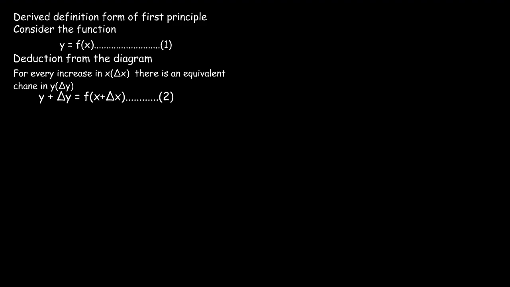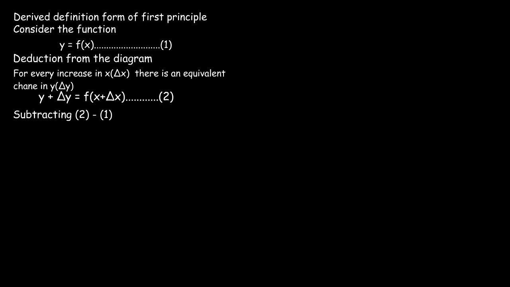Now at this point, we are going to subtract our original equation from equation 2, or simply put, we can either subtract y from both sides or subtract y from the left hand side and subtract f of s from the right hand side, because y is equal to f of s and the equation will still be balanced. Either way it will still be correct.